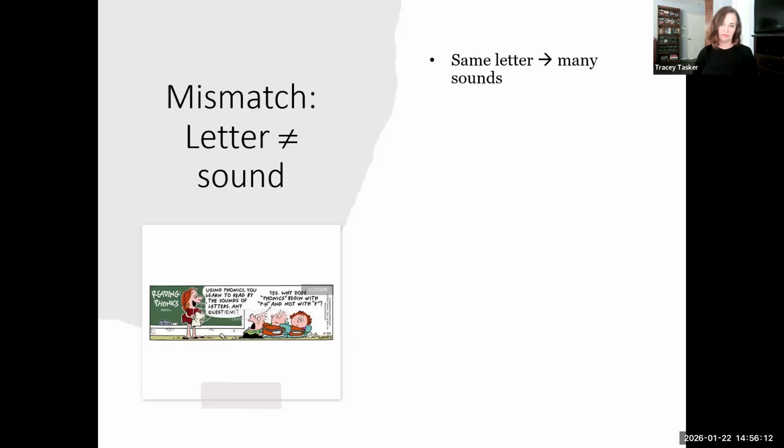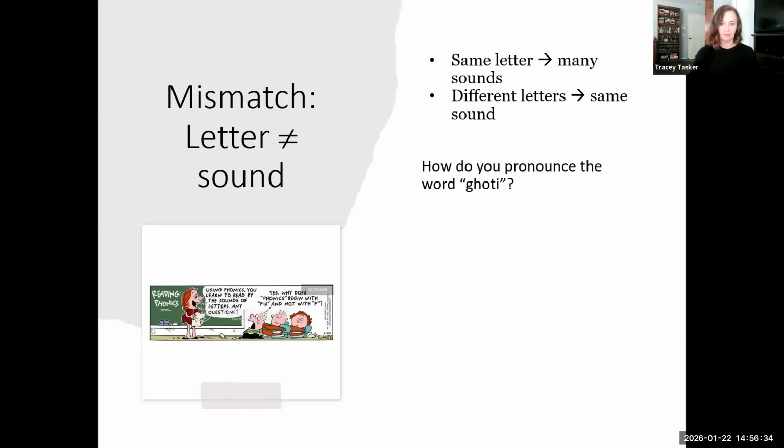For example, the sound f can be spelled with either a PH or the letter F. So same letter, but different sound sometimes, or different letters and same sound, vice versa, right?